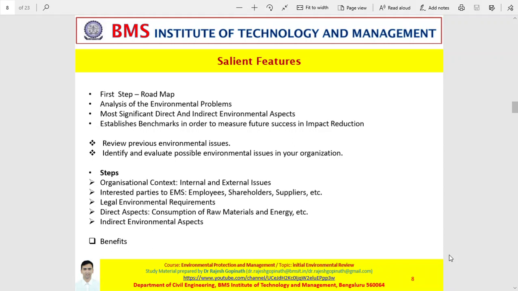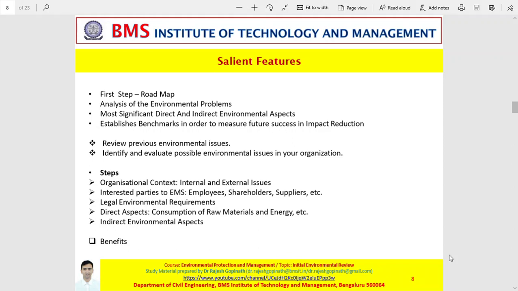That means that the organization should consider all stages of a product or service, say from raw material acquisition, its purchase, procurement, design, production, transportation, utilization, end of life treatment, and finally disposal. That is, all these life cycle stages have to be considered in the environmental impacts.